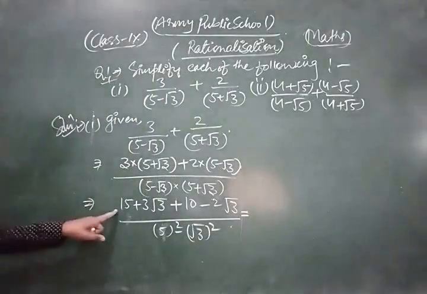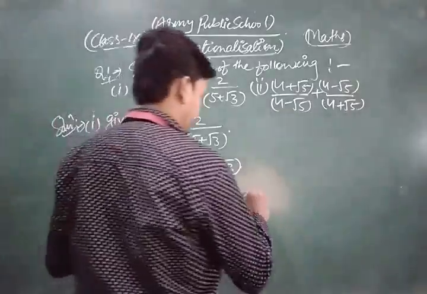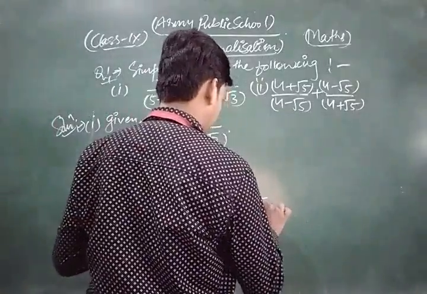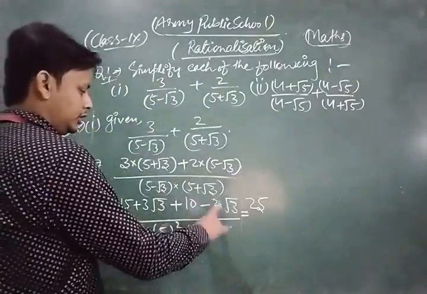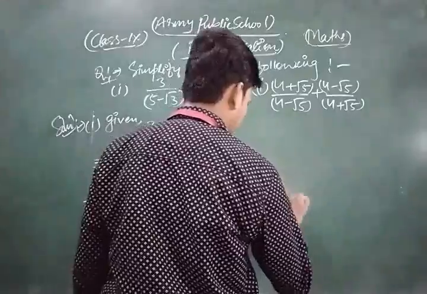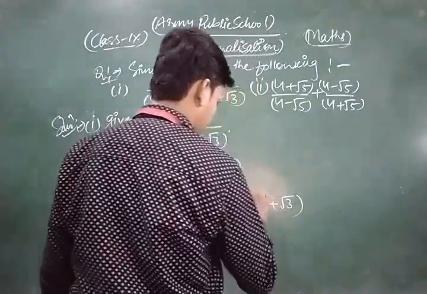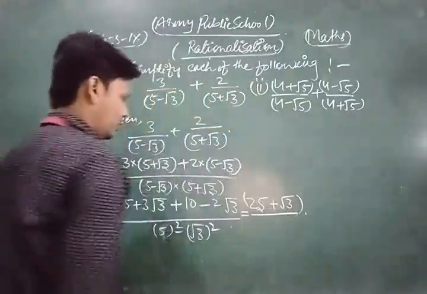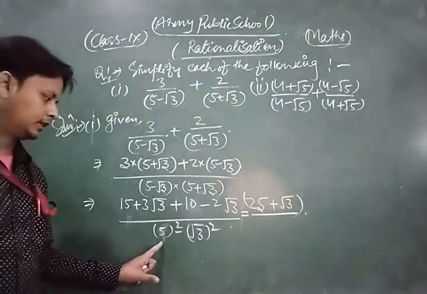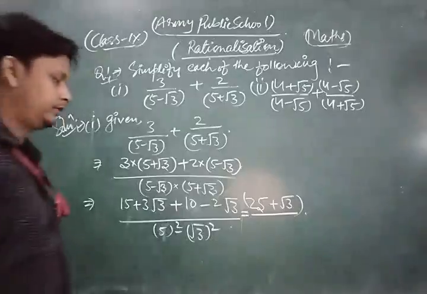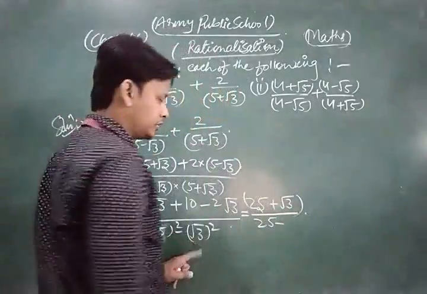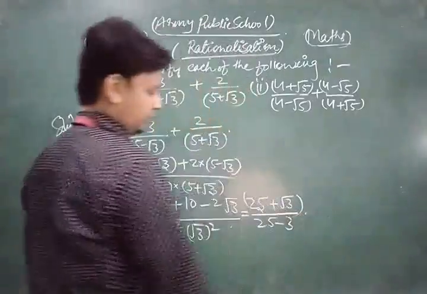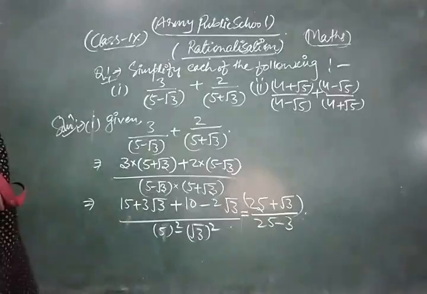Now look, 15 plus 10 is 25. Now 3 root 3 minus 2 root 3 is plus 1 root 3. Upon 5 square is 25, minus root 3 square is just 3.